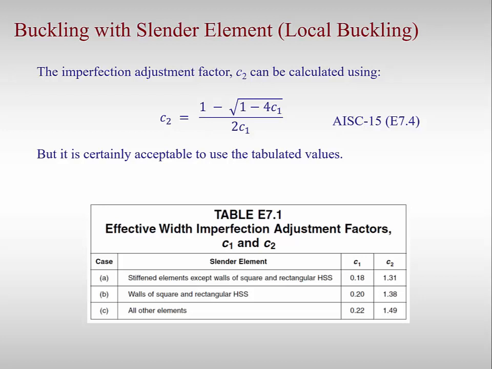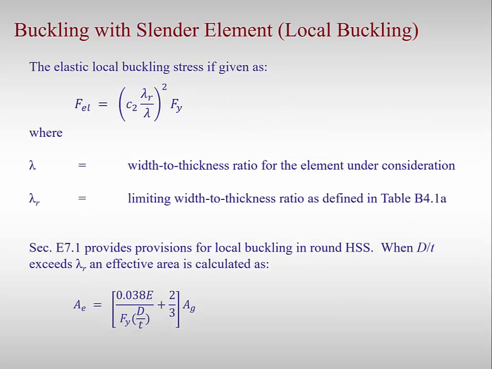Note that table E7.1 has values for both effective width imperfection adjustment factors, so that the use of equation E7-4 is really not necessary. In this slide, the formula for the elastic local buckling stress, capital F sub EL, is given. Note that its value is a function of both the slenderness ratio and the limiting slenderness ratio, as well as C sub 2. Provisions are also given for local buckling of HSS sections.